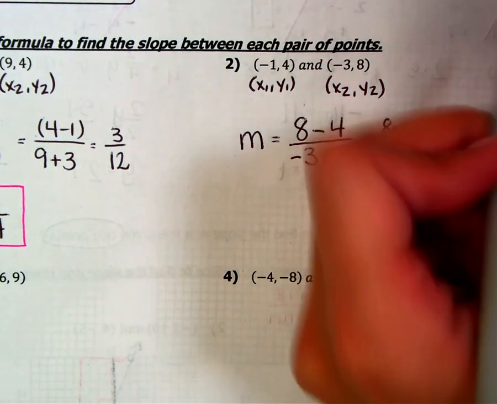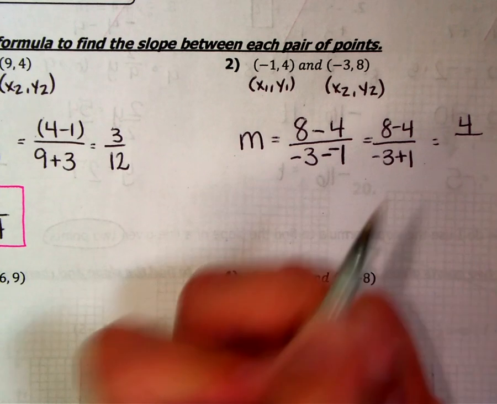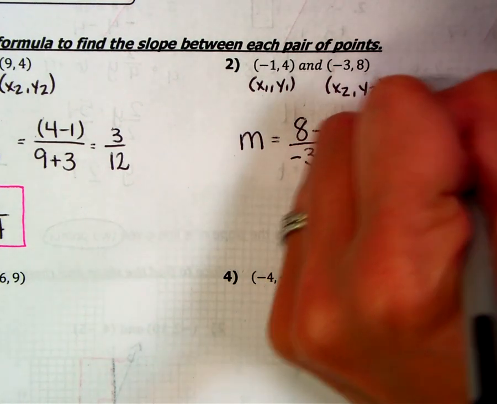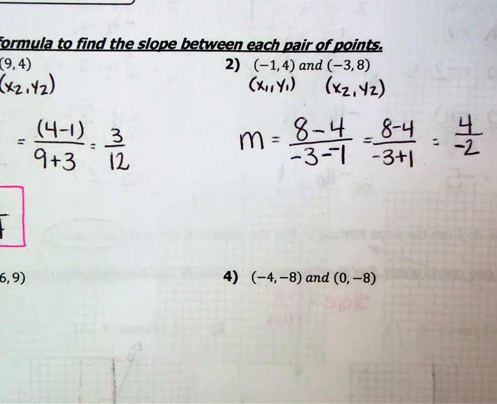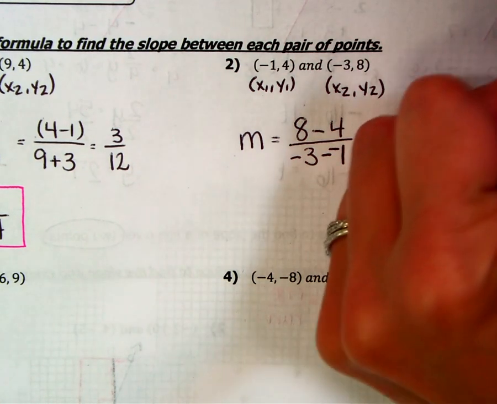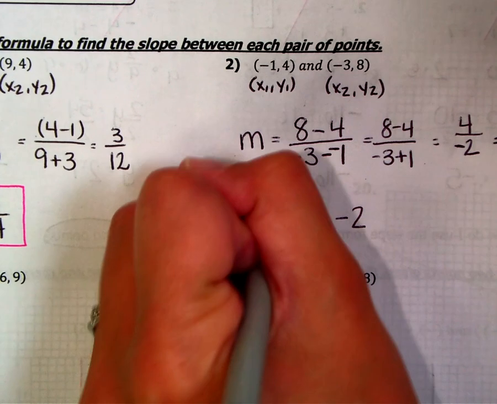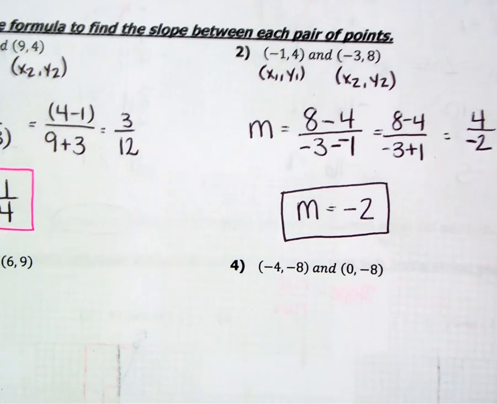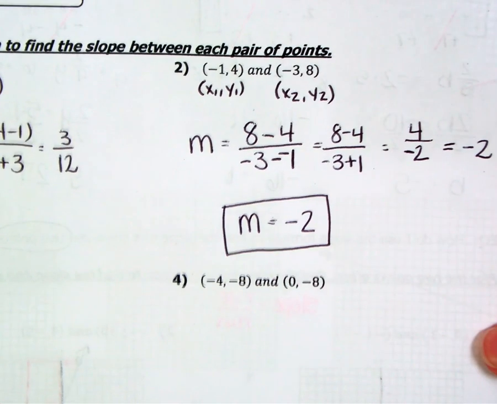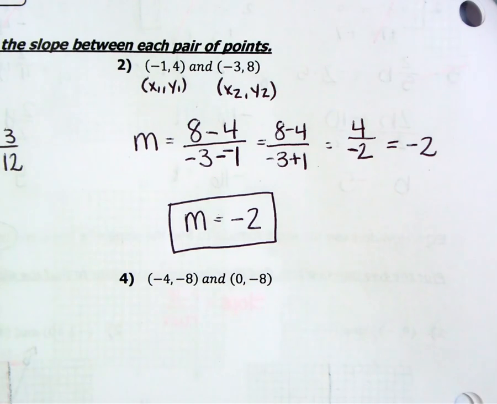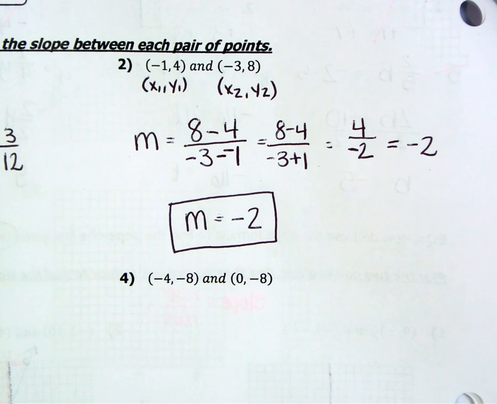What is 8 minus 4? What is negative 3 plus 1? Negative 2. What is 4 divided by negative 2? Negative 2. So what is my slope? Negative 2. All right, so for this one, if slope is rise over run and m equals negative 2, what is my rise?